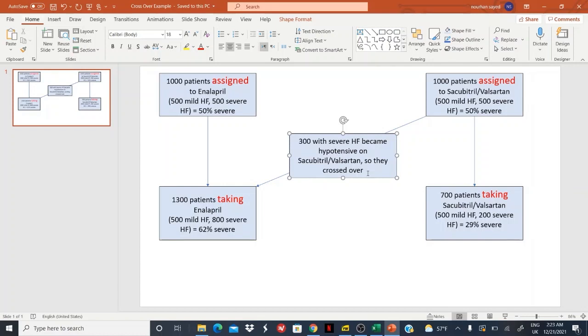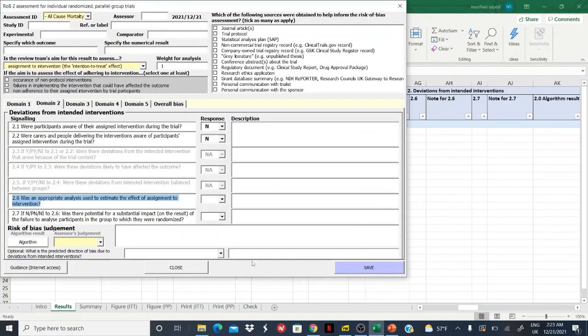So in this analysis, they used an intention to treat principle, so the second question is not really relevant. If I go over to the Excel sheet here, I'll type in yes, and it will white out the next question. Now, if I typed in no, that they did not use an appropriate analysis, then I'd have to take into consideration how many patients crossed over, and I'd essentially have to answer this question: was there potential for a substantial impact because of the failure to analyze patients according to the group to which they were randomized?